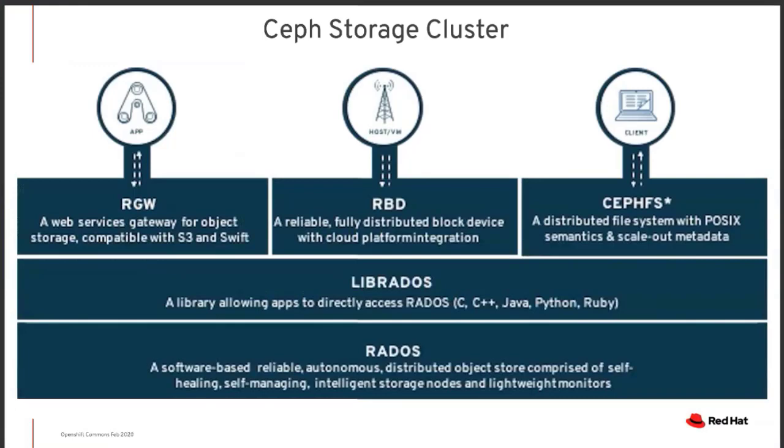On top of that, we have 3 basic functionalities. First is the RGW, and that's the RADOS Gateway. What it does is it offers an endpoint that delivers S3 storage or Swift storage. And Swift is a dialect of S3, more or less. It's a similar thing. Swift is the open source variety, if you will.